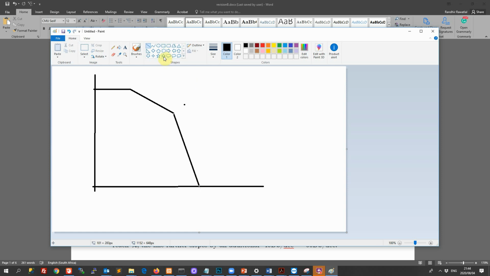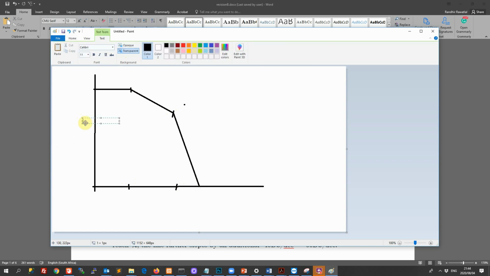So let's put in some labels here. Just mark these points. So we are plotting L against omega. I'm just going to type the name.